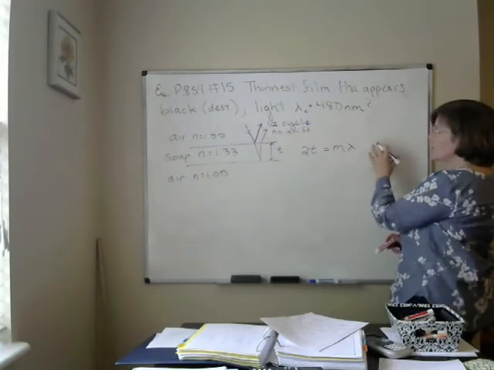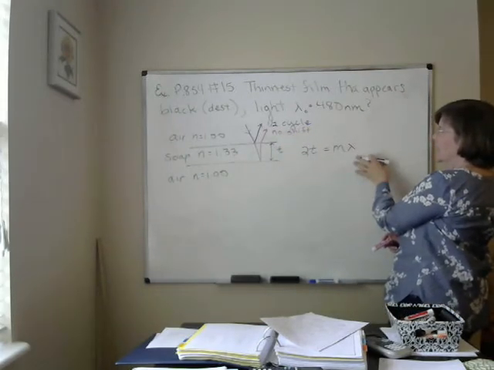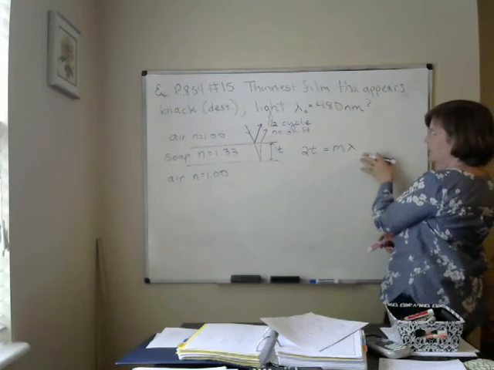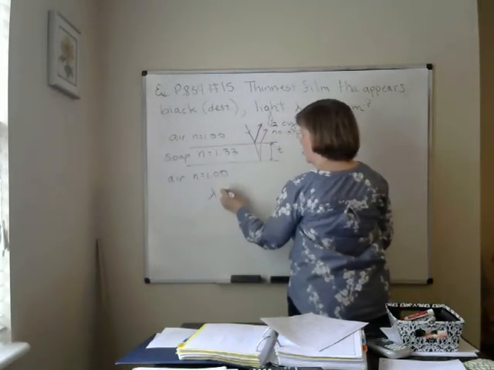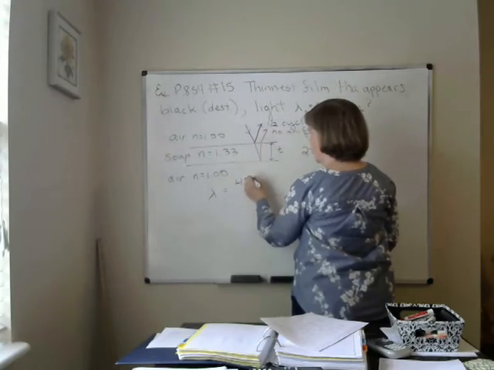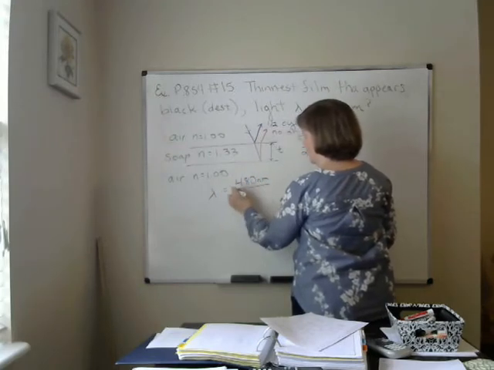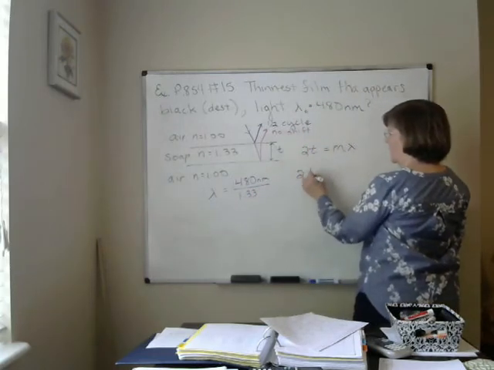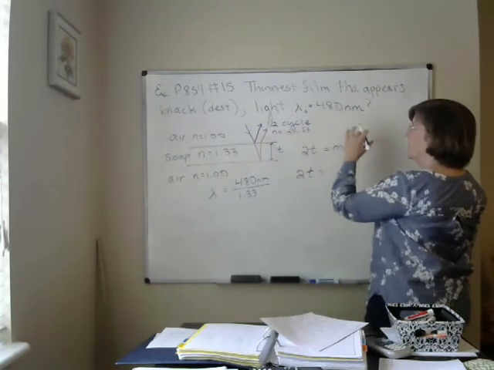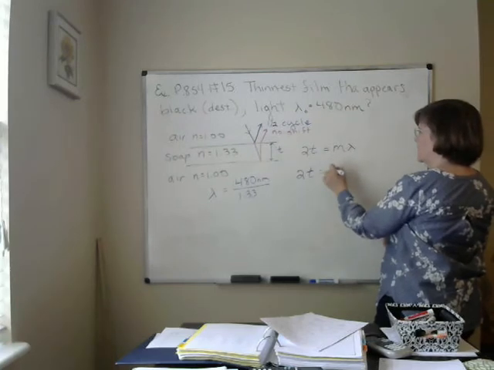Okay, so now I got the right formula. I need to find my wavelength. I know that my new wavelength while I'm in the film is 480 nanometers divided by 1.33. And I'm going to do the thinnest possible film, so m will equal 1.